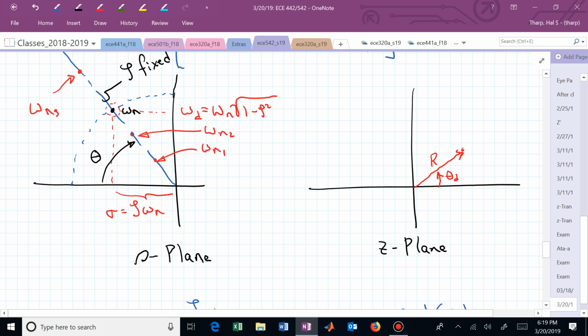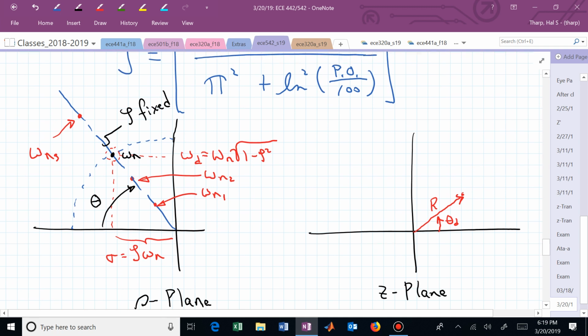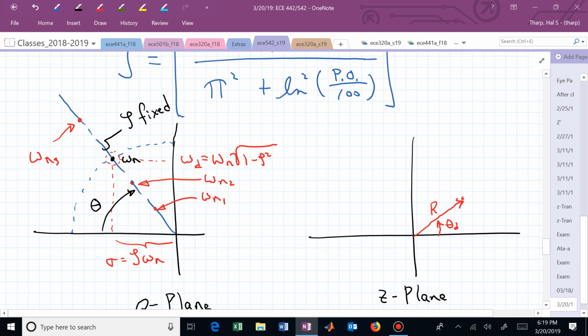To get us started, suppose zeta is equal to 0. Where are we in the s-plane when zeta is equal to 0? How much damping do we have when our damping ratio is 0? 100%.